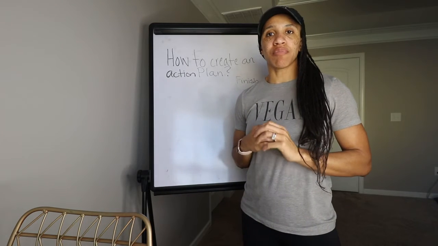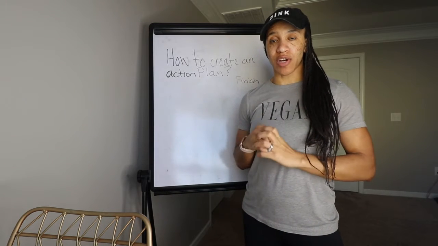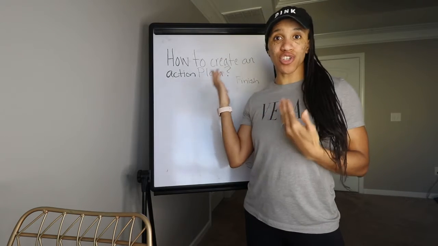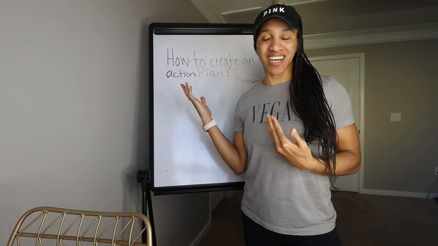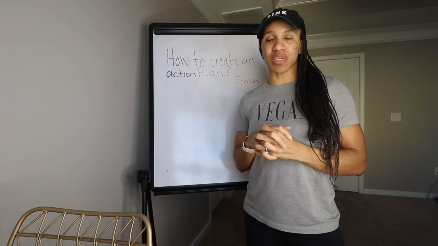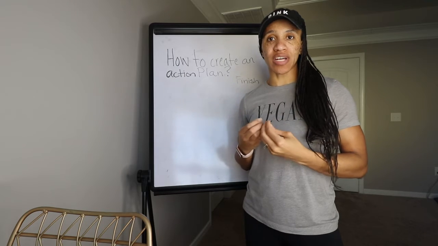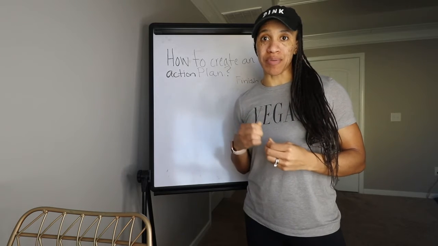And so if you've been following my series, Discover Your Purpose, today we're going to be talking about how to create an action plan. Last week we discussed what your goals are. I showed you how to create goals using the SMART method.